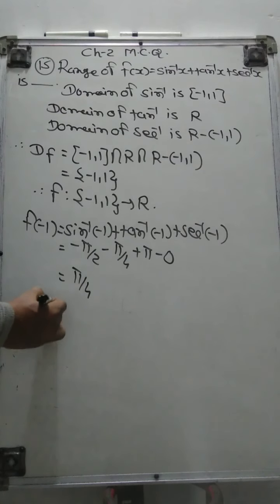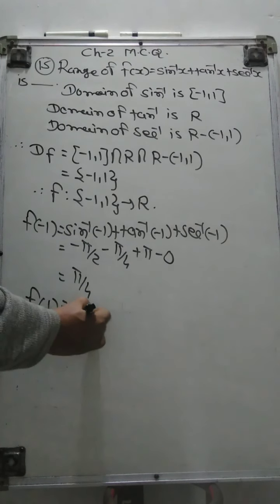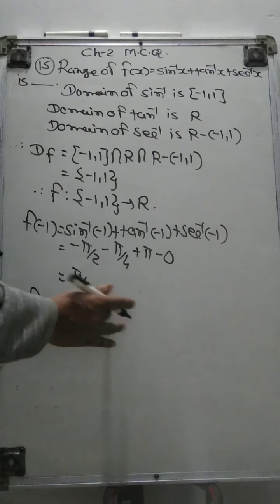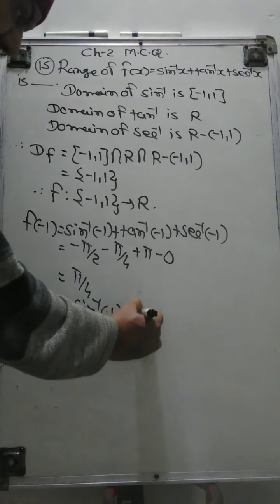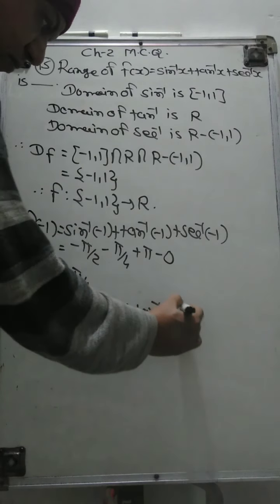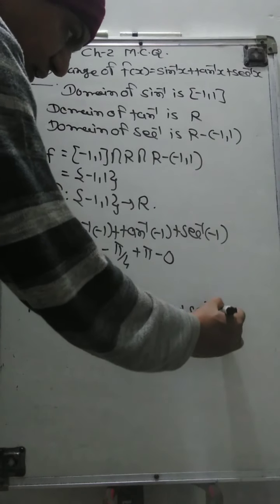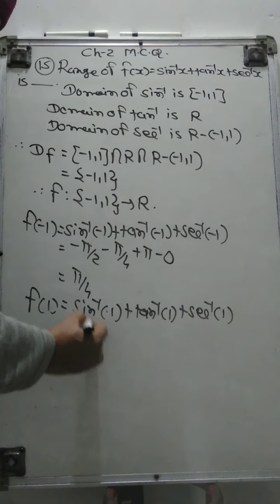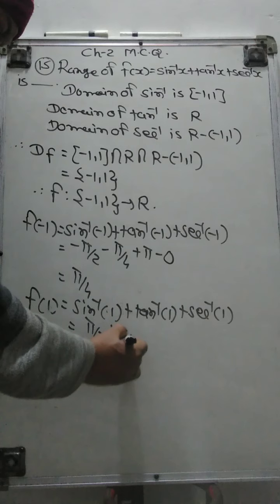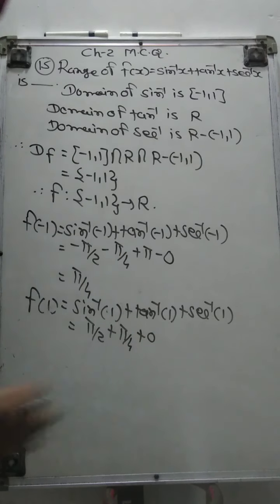And f(1) is equal to sin inverse 1 plus tan inverse 1 plus sec inverse 1. It is pi by 2 plus pi by 4 plus 0, or it is 3 pi by 4.